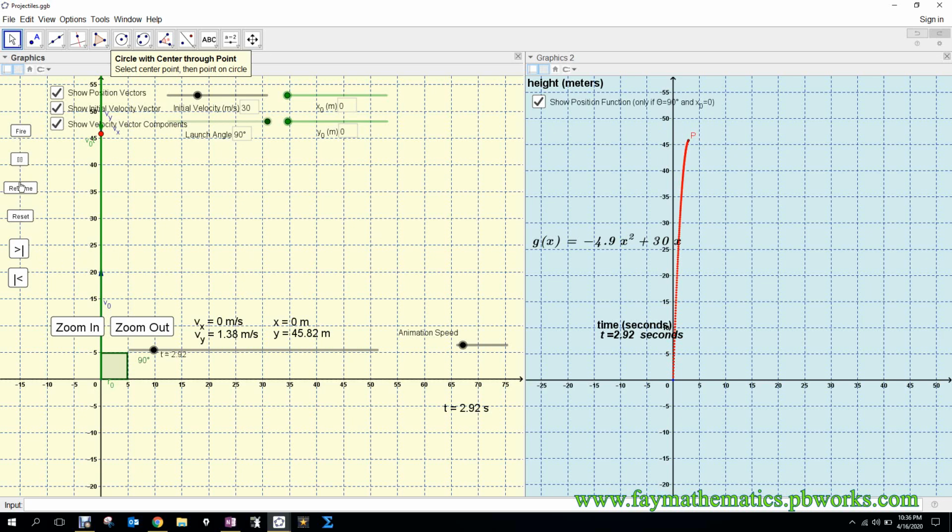After that, if I continue, the ball starts to fall, so at 3.98 seconds, the ball is about maybe 41, 42 meters.